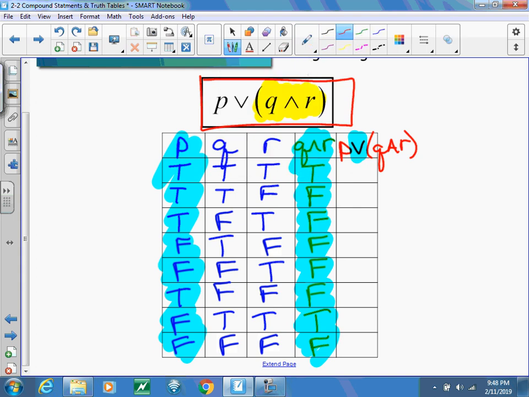So I need to have at least 1 true to say that the whole thing is true. True, true, so it's true. True, false, it's true. True, false, it's true. False, false, it's false. False, false, another false. True, false is true. False, true is true. False, false is false. So we should end up with 3 falses, and the remaining 5 are going to be true.